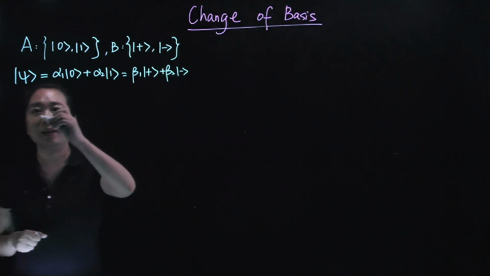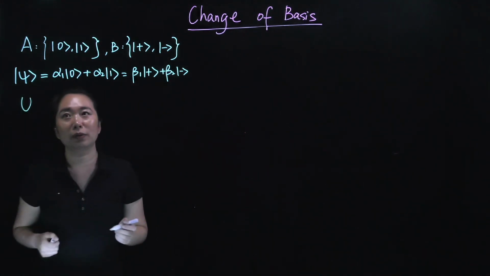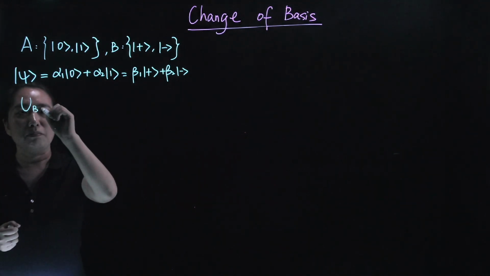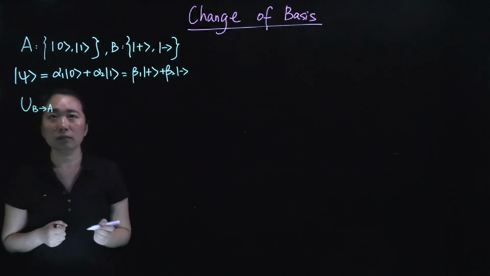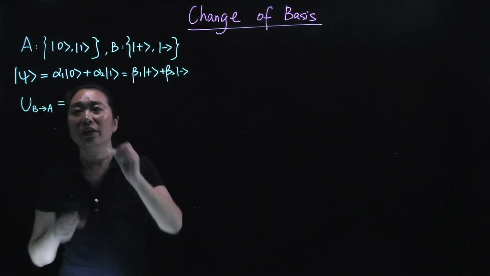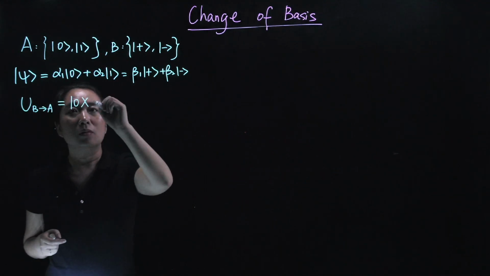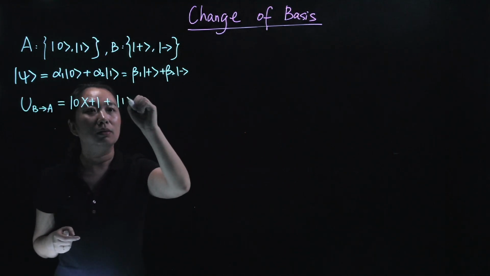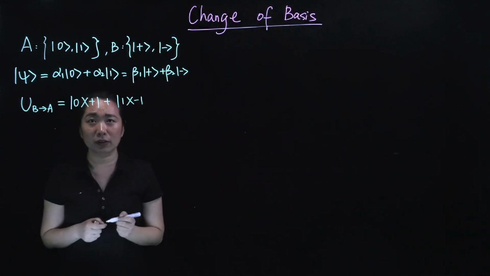And we know that this can be done by the unitary operator that transforms the states in basis B to the states in basis A. So this operator is in the form of ket 0 bra plus plus ket 1 bra minus, as what we have worked out previously.